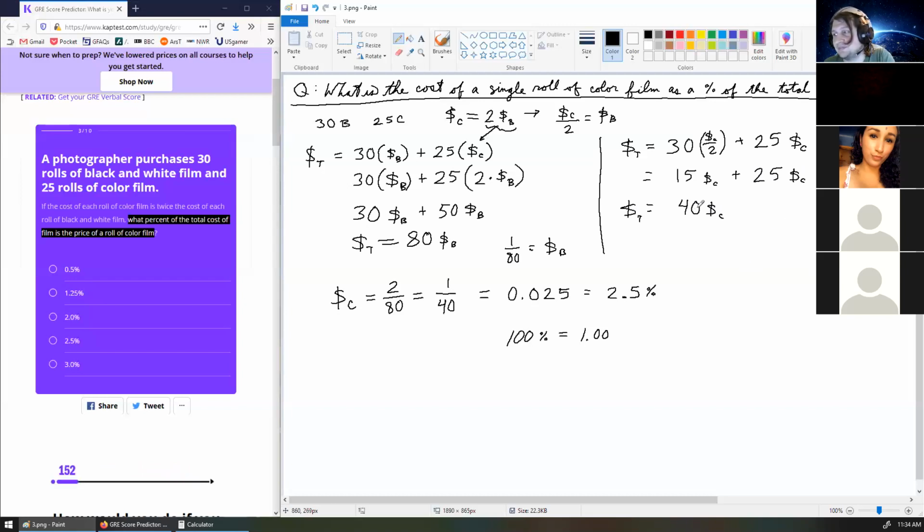And so one of those is 1/40. So yeah, you can totally do it this way too. This may actually get you the answer faster because you don't have to do the 1/80. Whichever way you can get rid of a variable quicker, go for it.